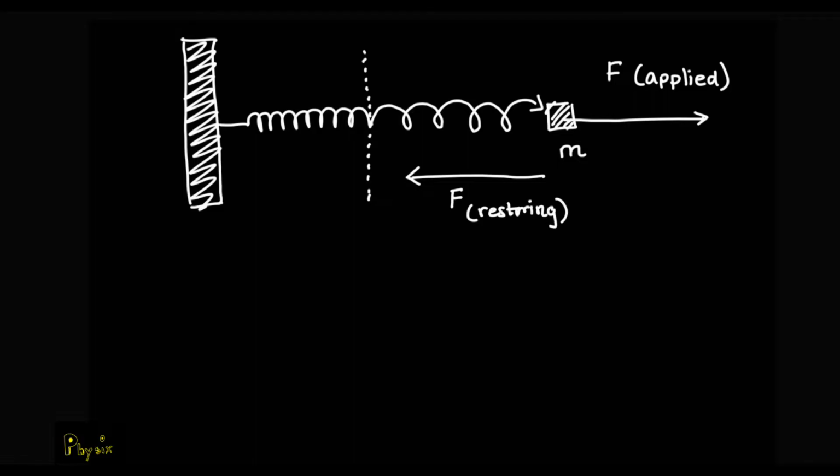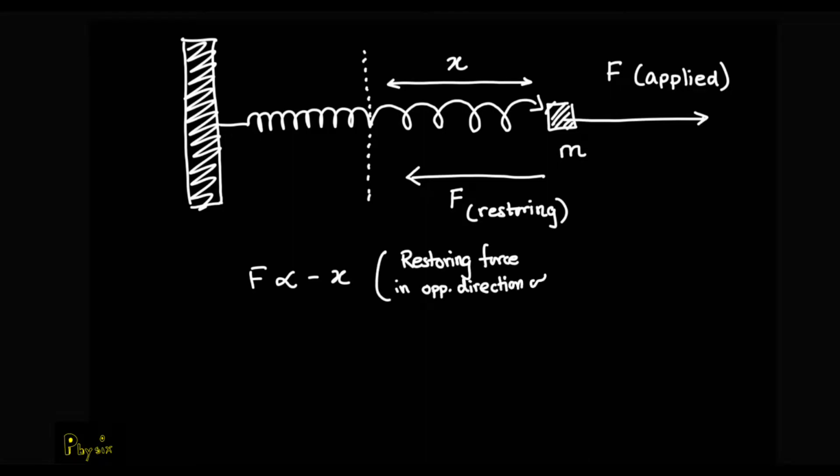And the restoring force is actually in the opposite direction of the displacement, which is this, right? So by intuition, we could say that F is directly proportional to the negative of x. Well, this can also be deduced by Hooke's law. So F is directly proportional to the negative of x because the restoring force is in the opposite direction of displacement.